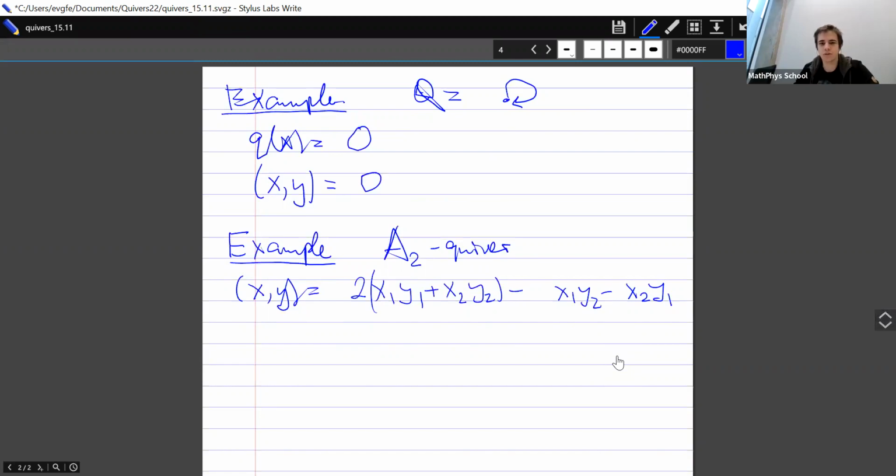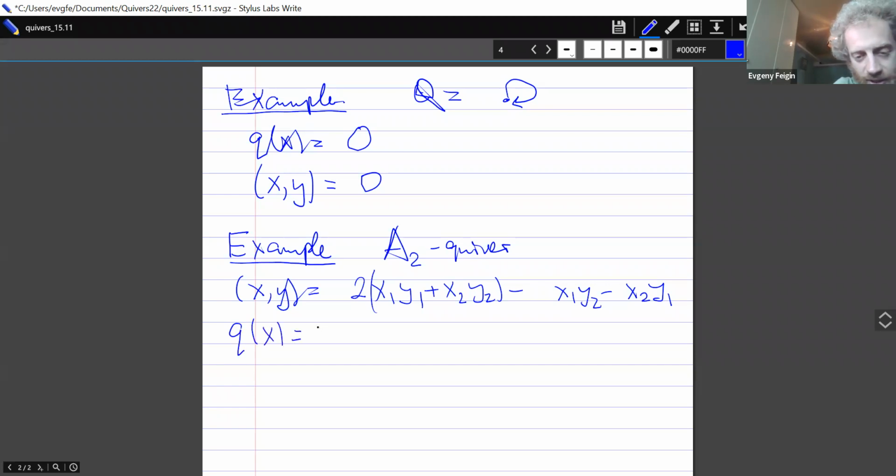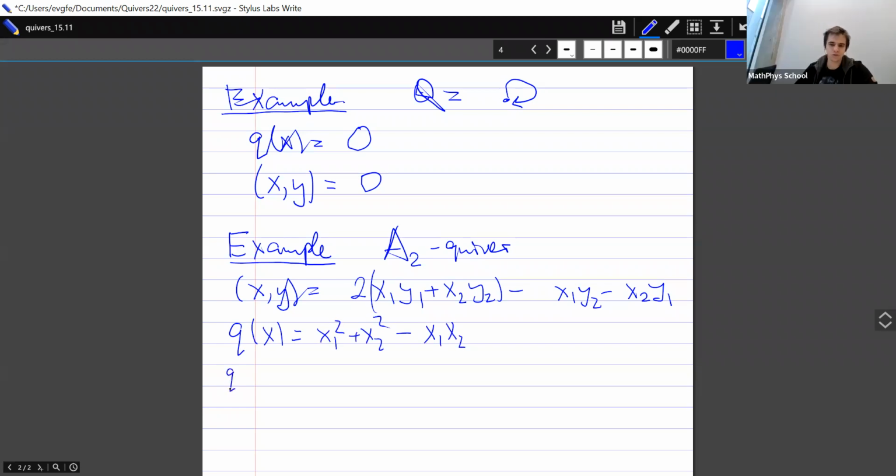Maybe I don't understand what N_ij is then. Okay, so let's compute it explicitly. What is Q of x? By definition, this is x1 squared plus x2 squared minus x1x2. Sorry, it should be symmetric. Okay, let's finish the computation.